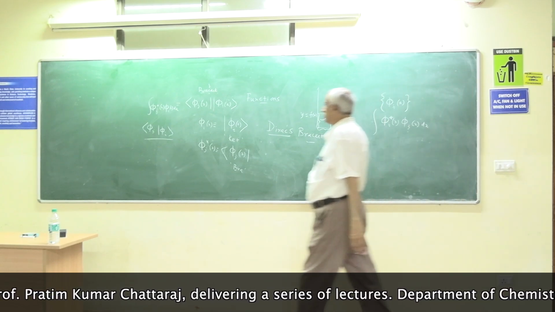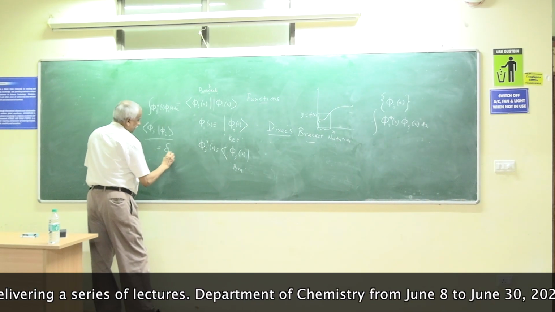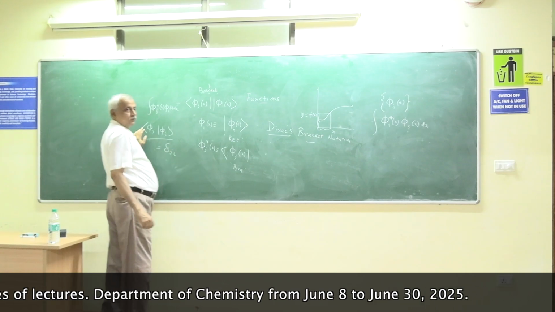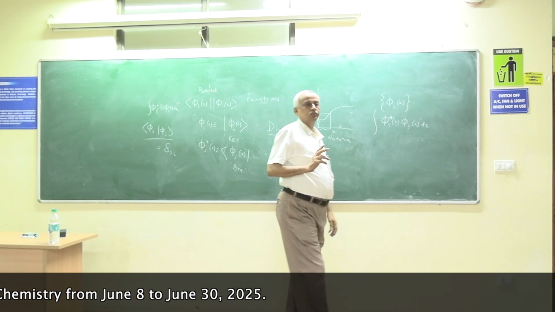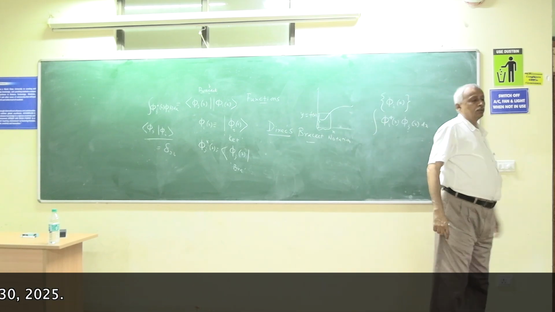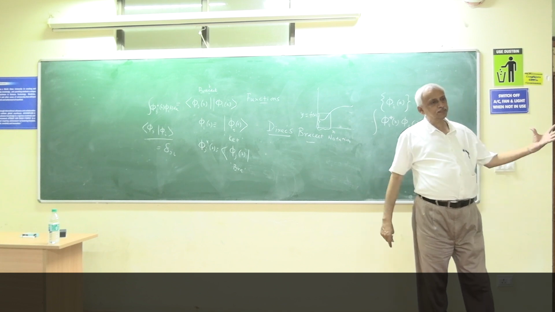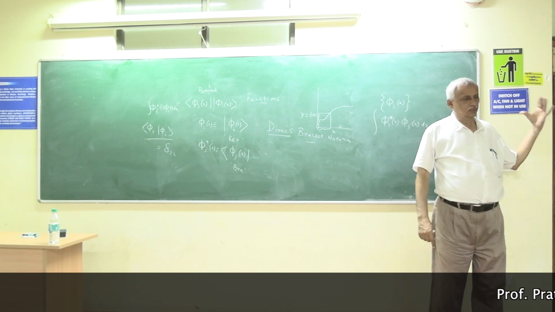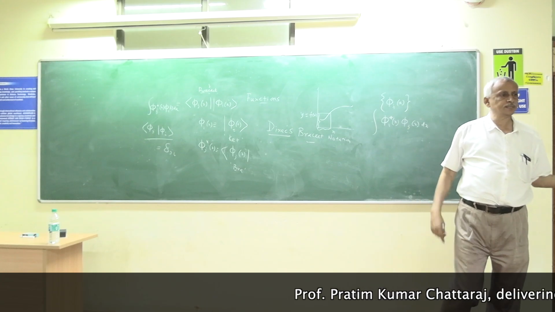And you can see that for orthonormal basis vectors, this is your Kronecker delta ij. For the same function, this scalar product will give you 1, and for different functions it will give you 0. So you can see the same language: the scalar product becomes Kronecker delta ij here also.